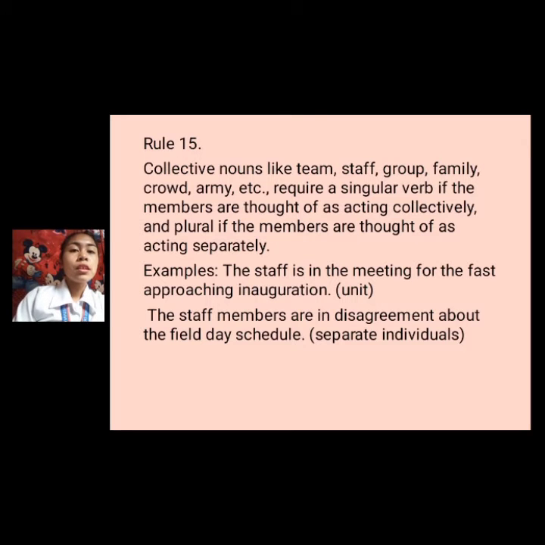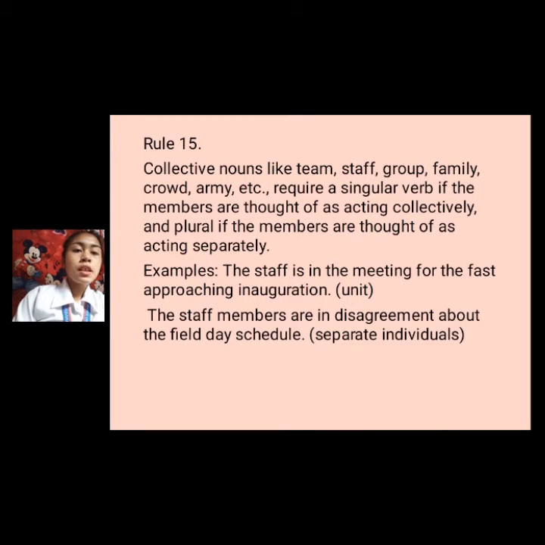Rule number 15. Collective nouns like team, staff, group, family, crowd, army, etc. require a singular verb if the members are thought of as acting collectively, and plural if the members are thought of as acting separately.